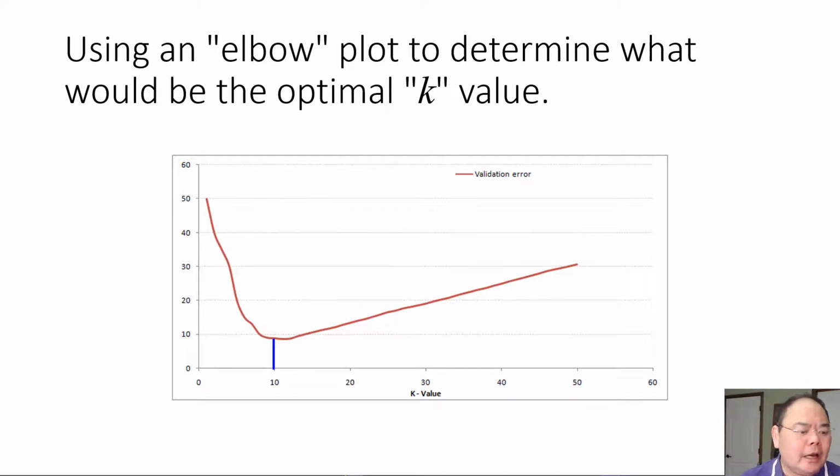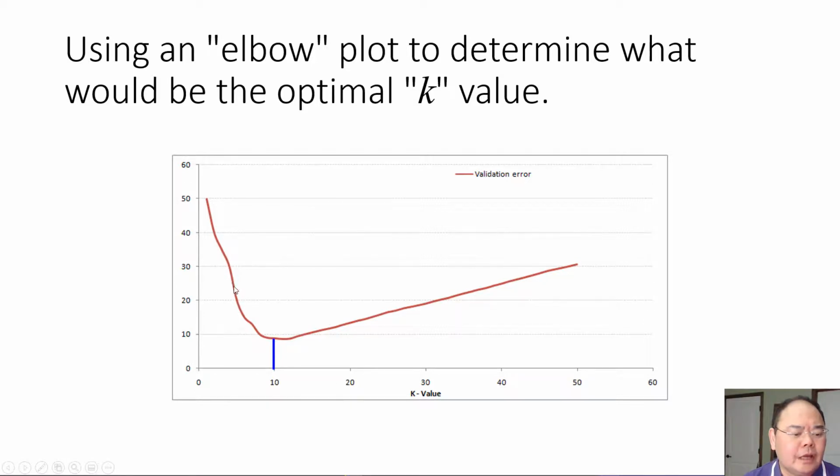Here I have misclassification as the measurement, and k value as the variable. Initially, if k is too small, I may have a higher value of misclassification.